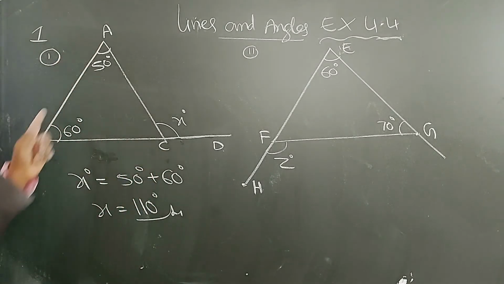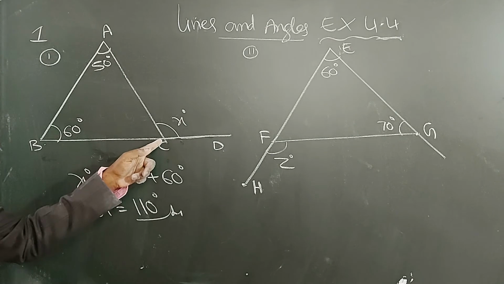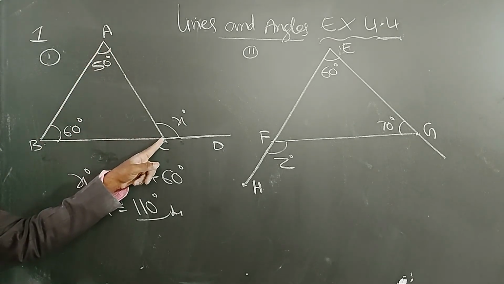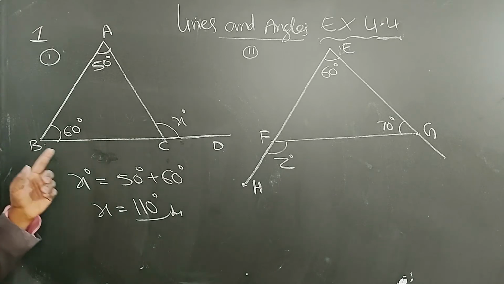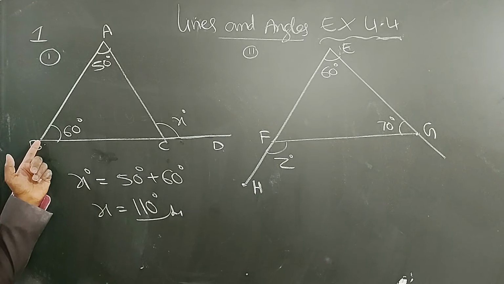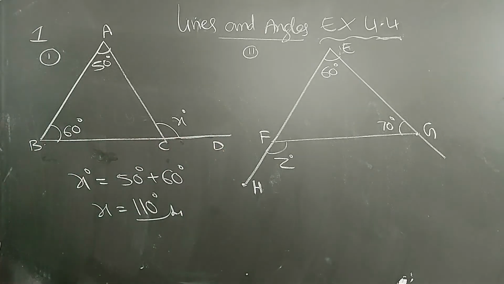Write down: in triangle ABC, side BC is produced.